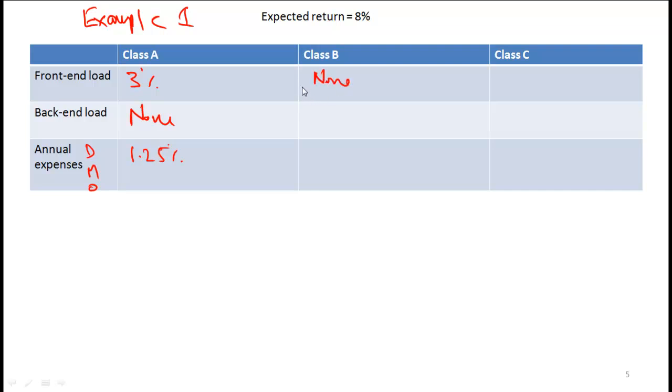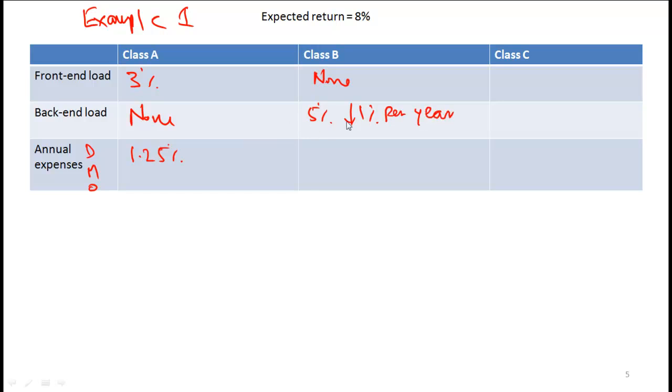There is what's called a deferred back-end load, which means that there is a 5% fee in the first year. So essentially, if you put money in and then immediately redeem your shares or take out your money, then there is a 5% fee, but then it goes down by 1% per year.